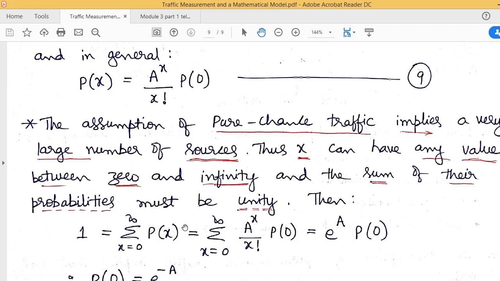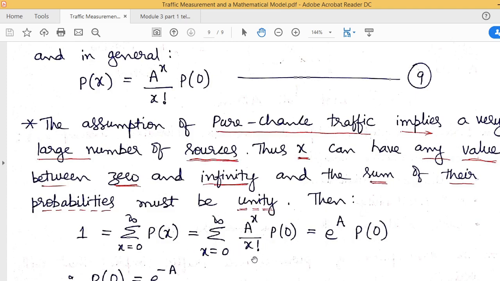If I substitute what P of X is from equation 9, then I will end up with summation X varying from 0 to infinity A power X by X factorial into P of 0. This term is going to be E power A. So with increase in traffic, exponentially this value increases.